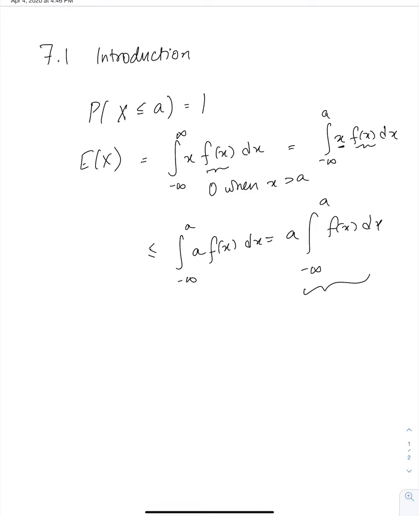But this integral is 1 because this is the integral of the density. You don't need to include from minus infinity to infinity because f of x is 0 for x bigger than a. So this is just 1.